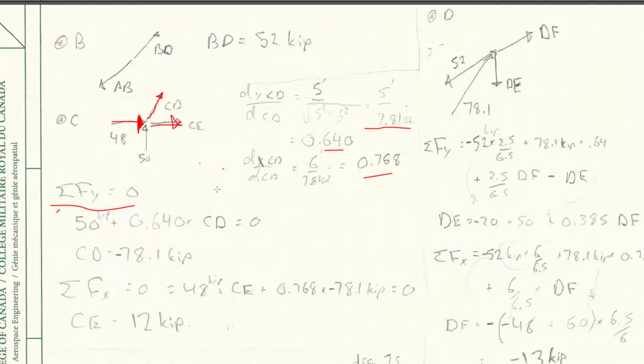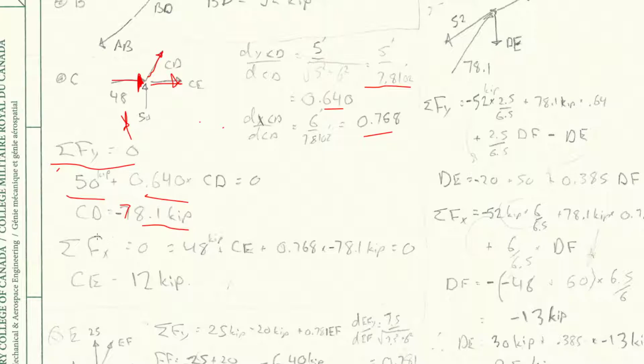So starting off with the sum of the forces in the y direction, we have a positive 50 kips from our reaction, and we have the 0.64 times CD. So obviously CD in this case actually needs to be a negative value, so it needs to be in compression, and then the 50 divided by the 0.64 gives us negative 78.1 kip.